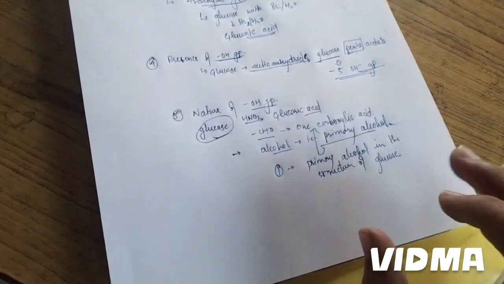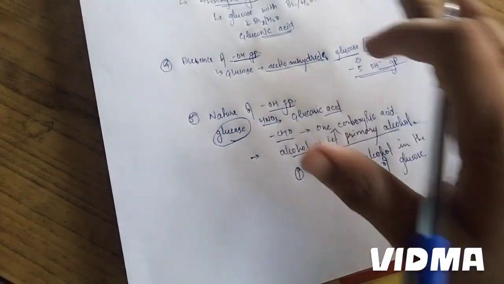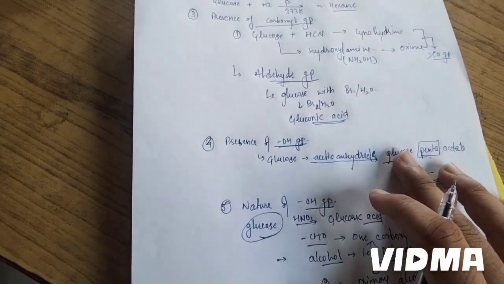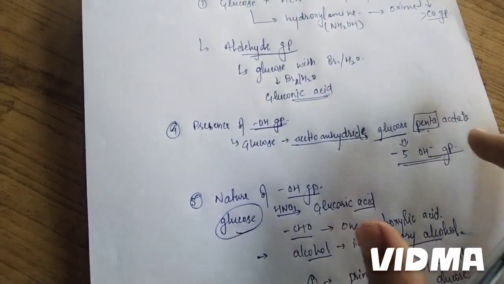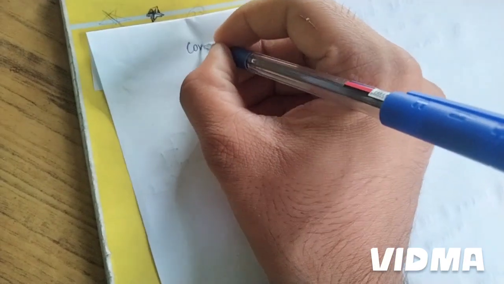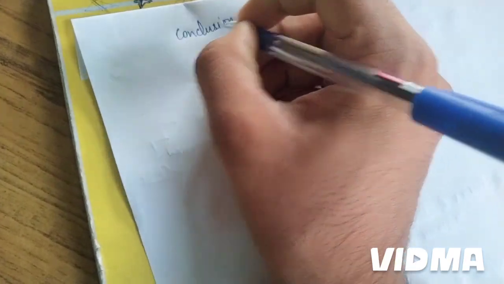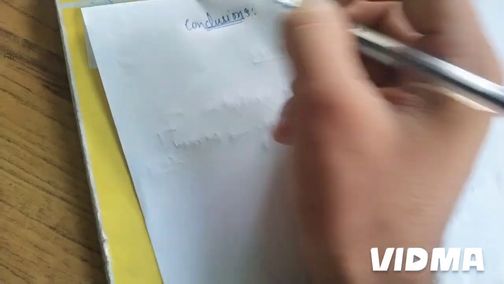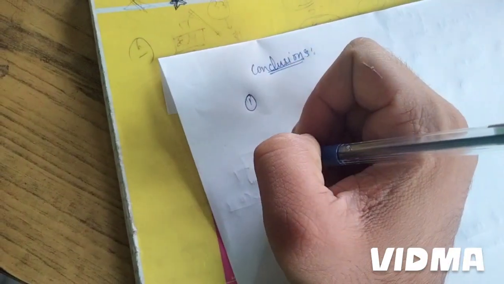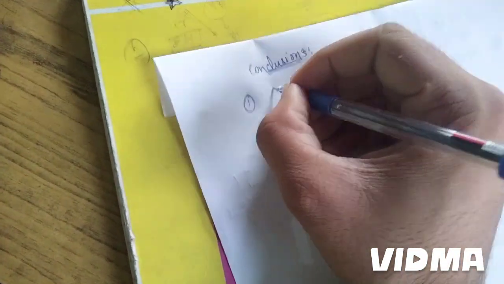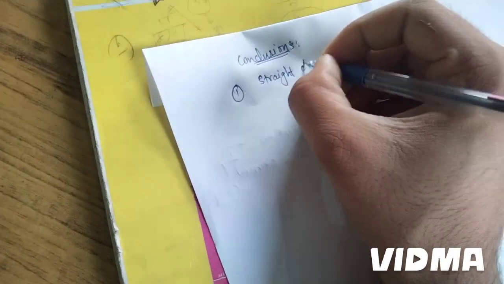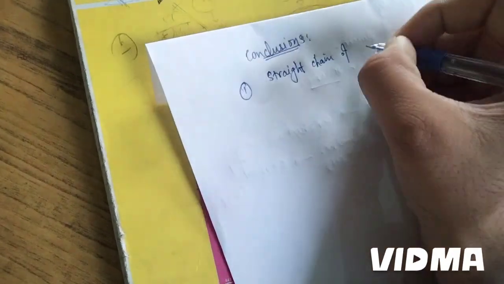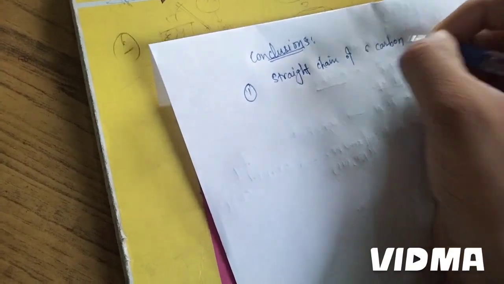Now we will move towards the conclusion which we get after these reactions, and we will give a basic structure of the glucose. So first conclusion we get from the reactions is that glucose contains a straight chain of 6 carbon atoms.